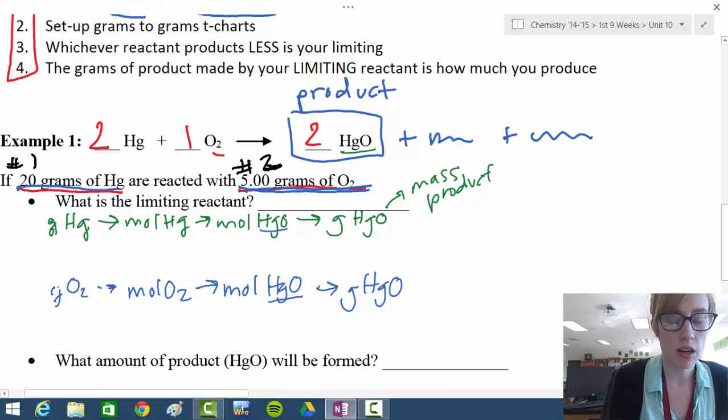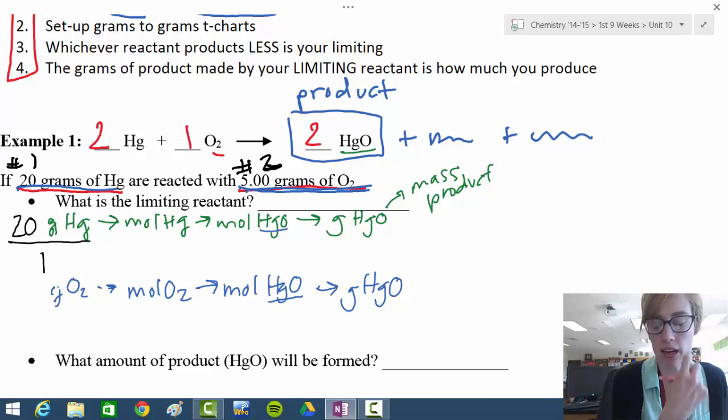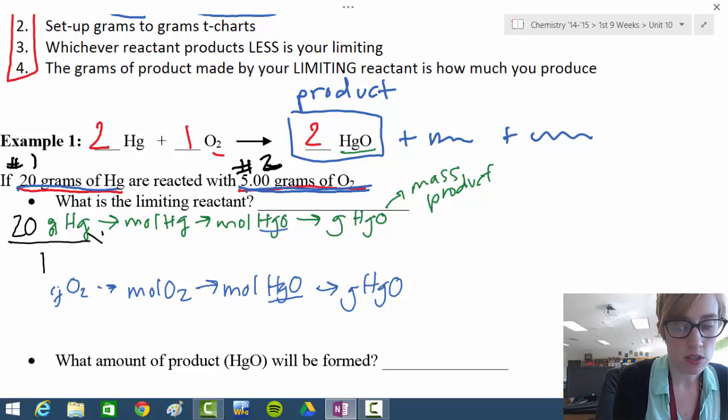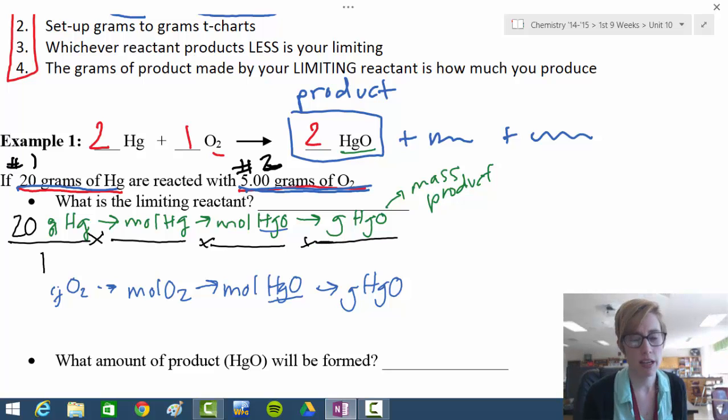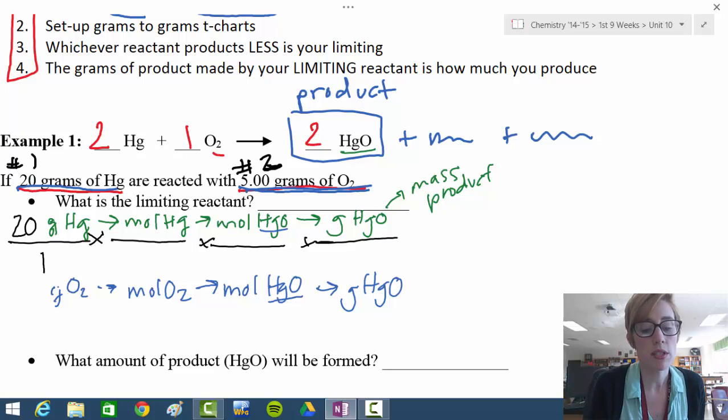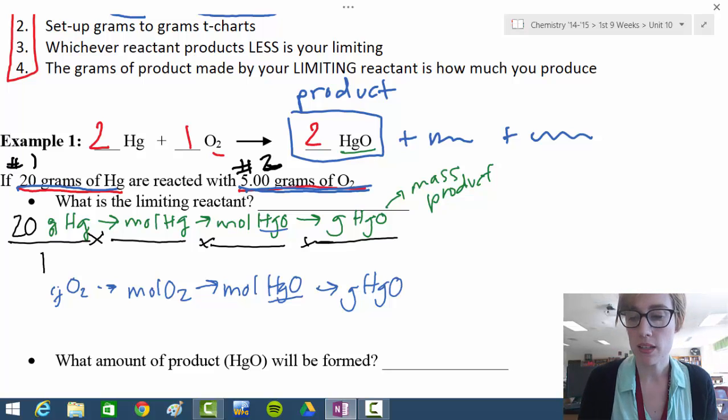The first one, grams of mercury goes on the top over 1. So I put 20 here, 20 grams of mercury. And then I have 1, 2, 3 conversion factors, right? And all I need to find are the conversions. So grams to moles is going to be my molar mass, and I'll write it over here.